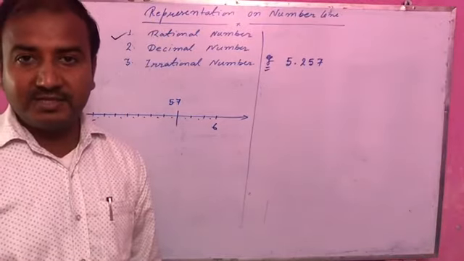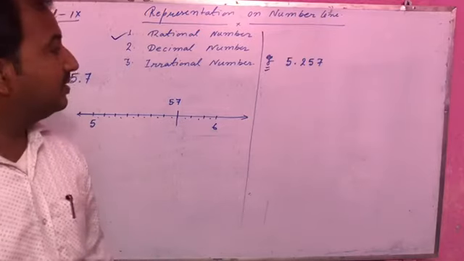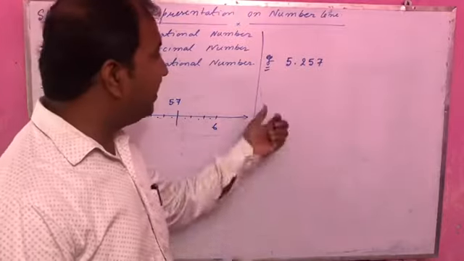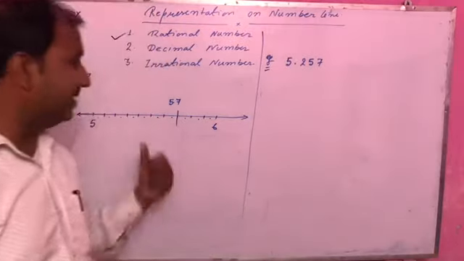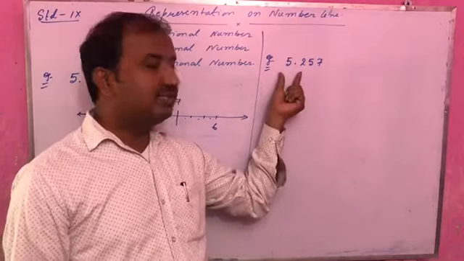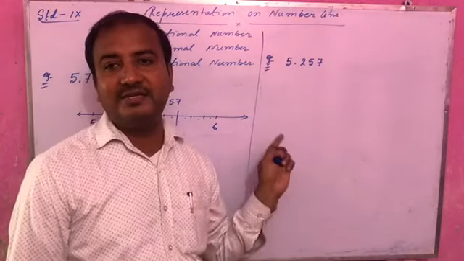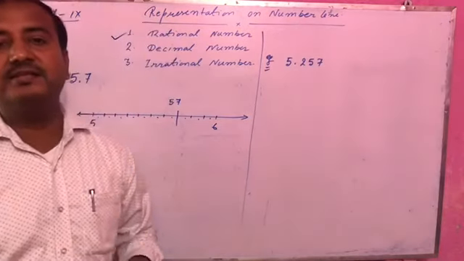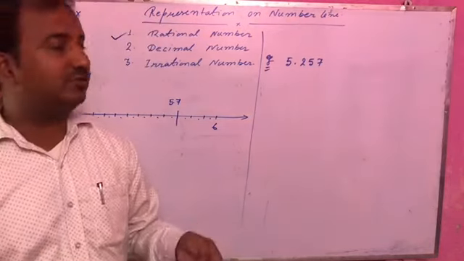On that moment, what we will do? It will be represented in this way. Just see here what is at the 10th place. At first you will represent 10th, then 100th, and then 1000th.